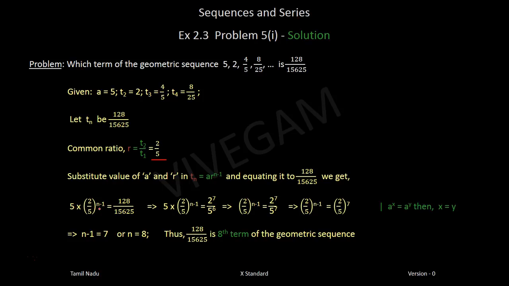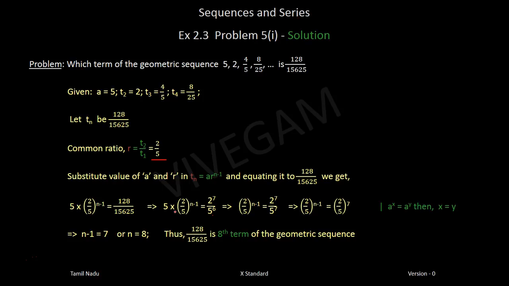So 5 into (2/5) to the power of n minus 1 will be equal to 128, which is 2 to the power of 7, over 15,625, which is 5 to the power of 6. Check it yourself: 5 fives are 25, 25 fives are 125. Like that, you can check it out. Multiply 5 six times and see whether it is 15,625. Multiply 2 seven times and check whether it is 128. We have checked, and that is what we are writing: 2 to the power of 7 by 5 to the power of 6.